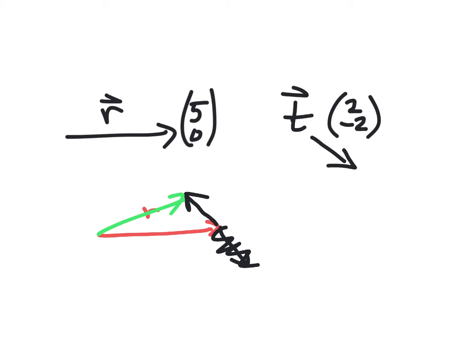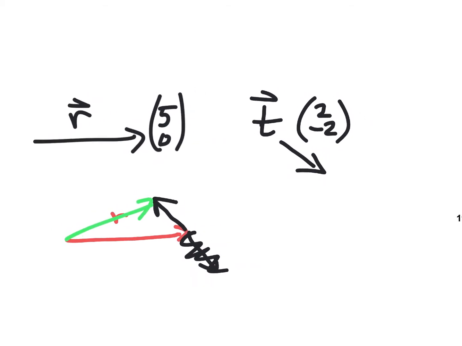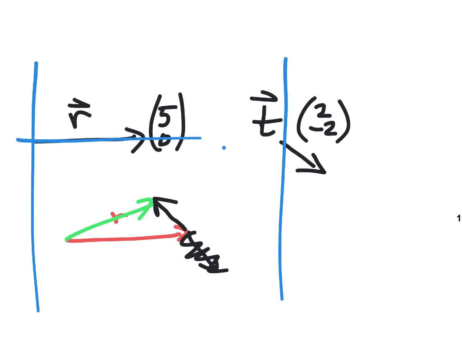If you don't get what I mean by that, you could put in an axis like this, and you could sort of see, oh, I see, it is moving to the right and down on this T vector. So do you understand what I mean by the 5, 0? And the 2, negative 2?